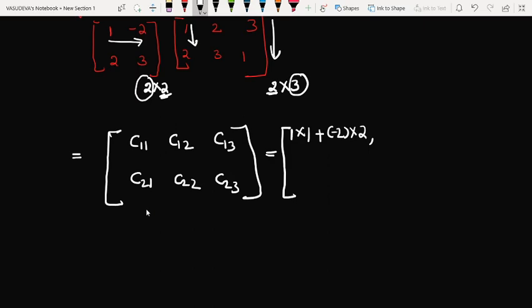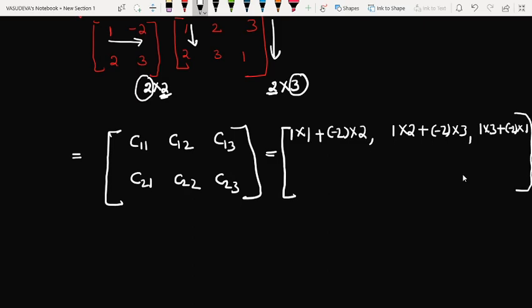Similarly, the first row and the second column, 1 into 2 plus minus 2 into 3. Then the third element, 1 into 3 plus minus 2 into 1.